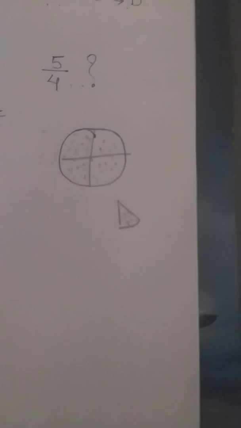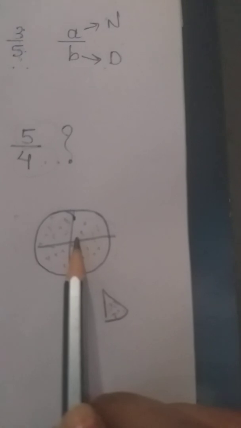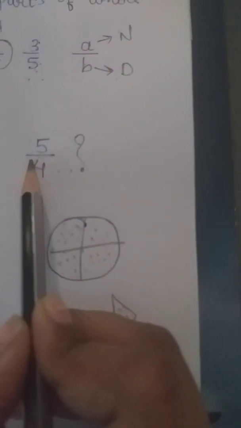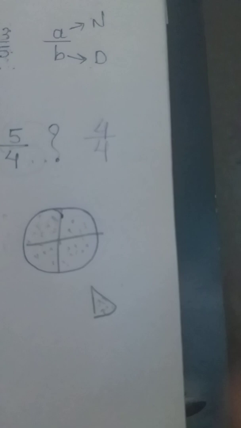What about the case when it is 4 out of 4? That we'll also understand. So we have 5 parts over 4. Here the place is only for 4 parts, but I have placed one more over it. So in this case, it is said to be an improper fraction. Now I have another case, which is 4 over 4.